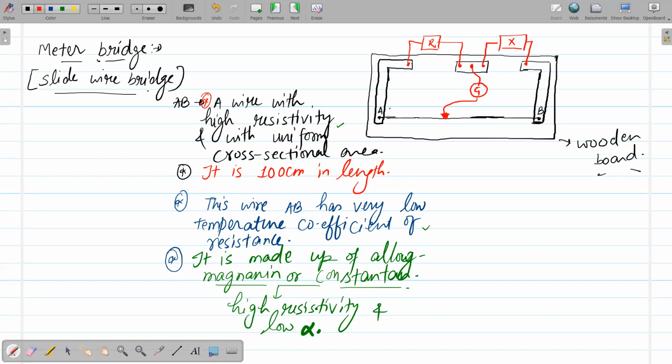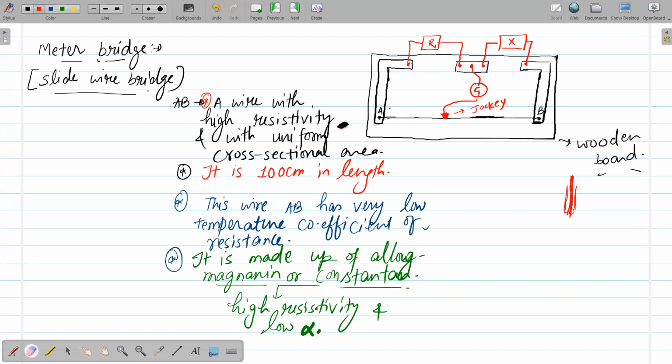This is shown by an arrow, and this is known as the jockey. It is slid over the wire. It is just like a pen with an insulating outer surface, with the wire passing through it inside, and the outer coating is like an insulating handle so that we can have a good grip. And we can slide this jockey over the wire, right?